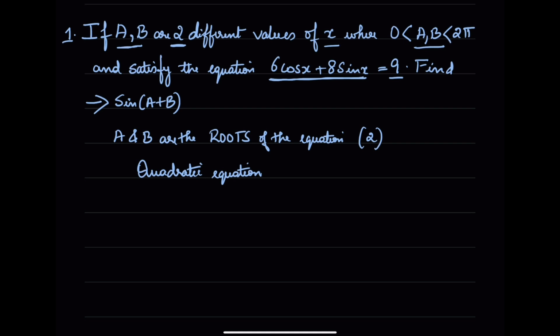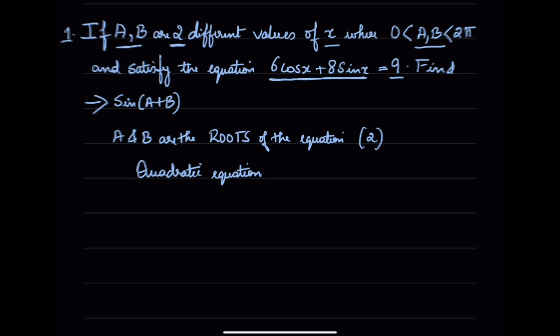Now we don't see any term here in this equation which has a power of 2 or an exponent of 2. So to change 6 cos x plus 8 sin x is equal to 9 to a quadratic equation, we can square them and then apply the trigonometric identities. So how can we do this? Let's start solving this.